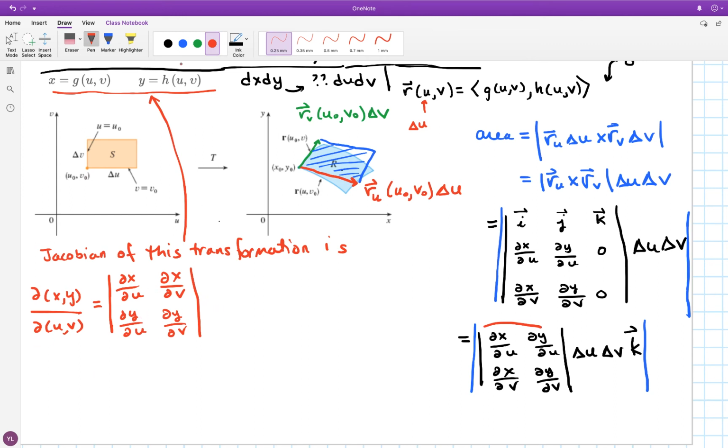And so it turns out that what we've discovered is that the differential unit delta A that helps us form the double integral is basically the absolute value of this quantity, because the area is positive, times delta u delta v.